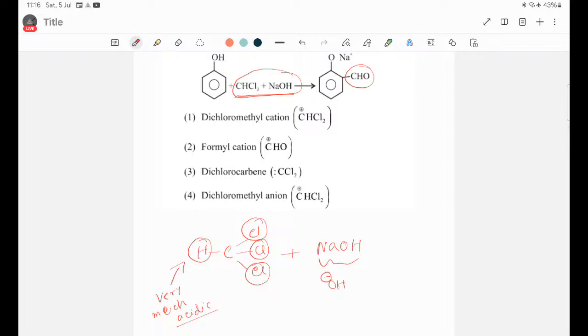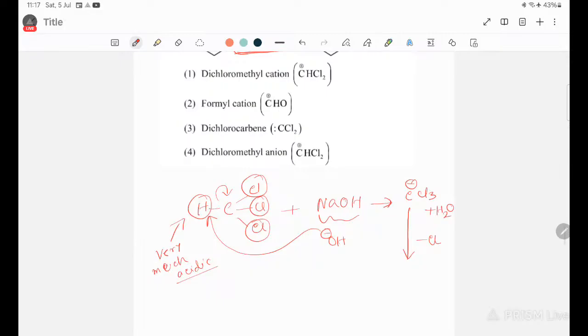So this OH minus will attack this hydrogen, and then CCl3 minus will be formed. So in the presence of NaOH, this chloroform will be converted into CCl3 minus and H2O will be released. Now when you get this CCl3 minus, one chlorine will be removed and it will be converted into CCl2, and that is the electrophile.